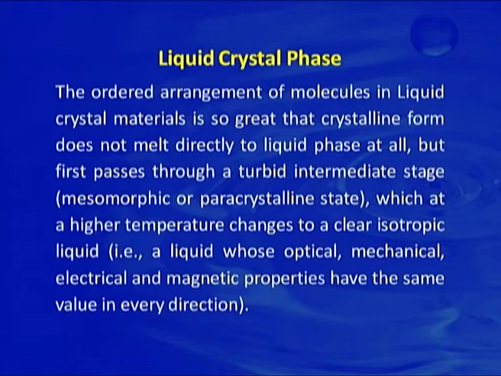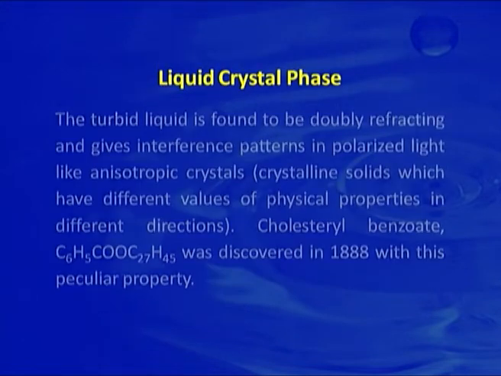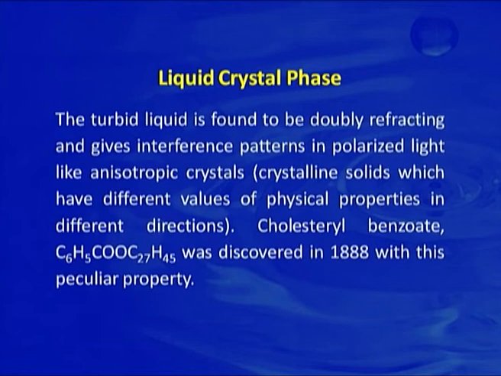An isotropic liquid is a liquid whose optical, mechanical, electrical and magnetic properties have the same value in every direction. The turbid liquid is found to be doubly refracting and gives an interference pattern in polarized light like an anisotropic crystal. An anisotropic crystal means a crystalline solid which has different values of physical properties in different directions.